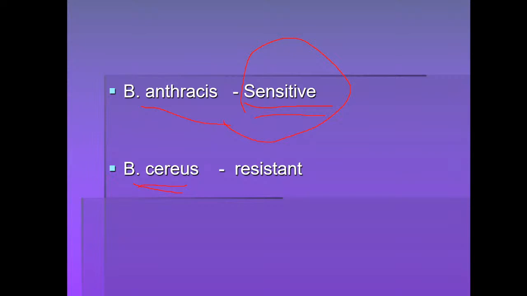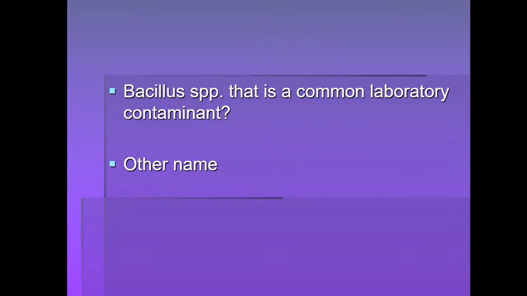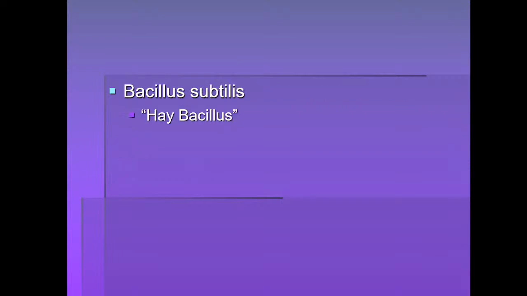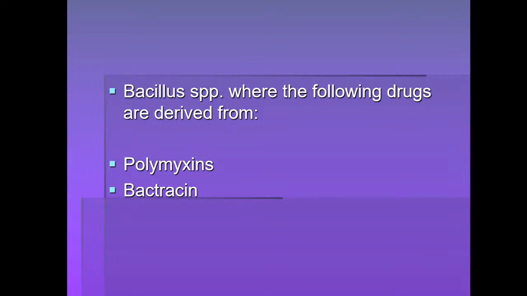We're going to move on with the contaminant Bacillus species, which is known as Bacillus subtilis. Bacillus subtilis is known as the hay bacillus. There are certain drugs that are derived from Bacillus species.